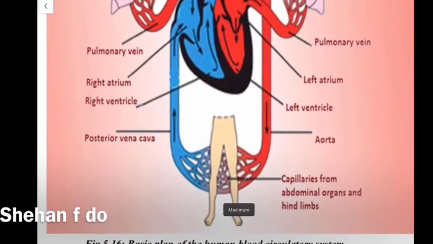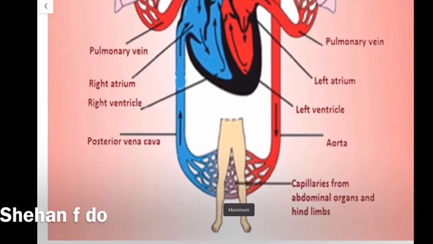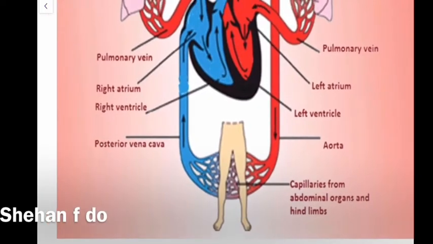So the deoxygenated blood, that is blood which has less oxygen and a lot of carbon dioxide, from the lower limbs and the trunk is drained via the inferior vena cava, shown here.